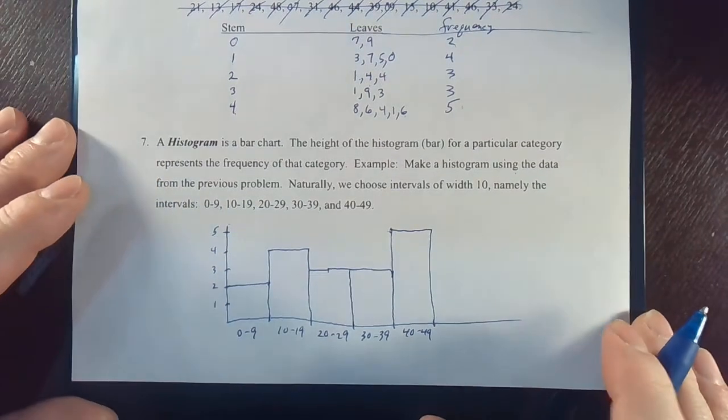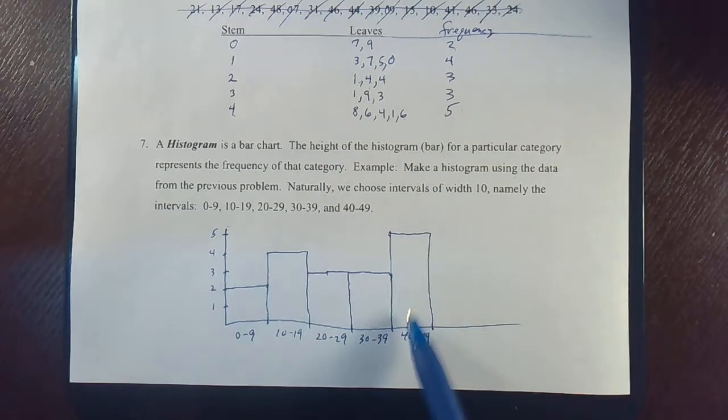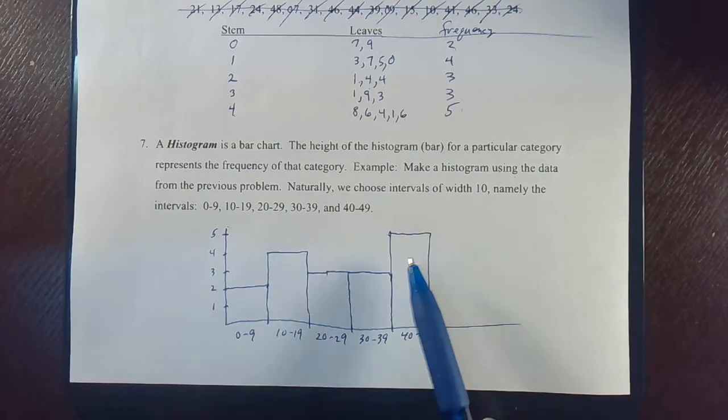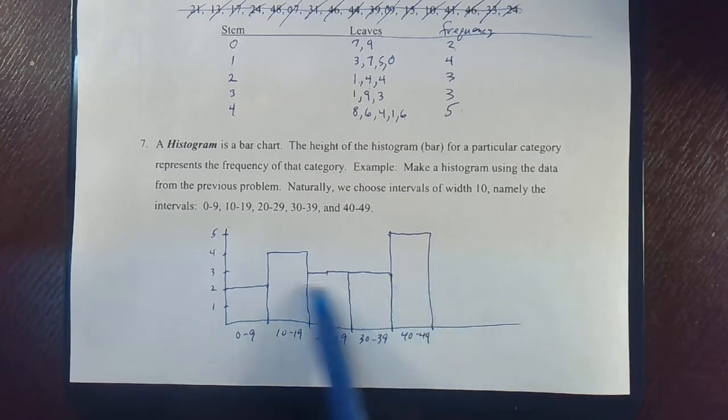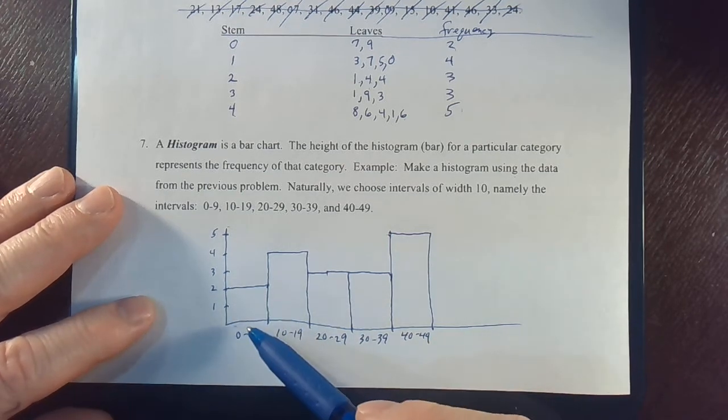So this very nicely summarizes the data. You can see that more people scored between 40 and 49 than any other range because this is the tallest bar among them. And the shortest one looks like it's here. So the smallest one would be from 0 to 9.